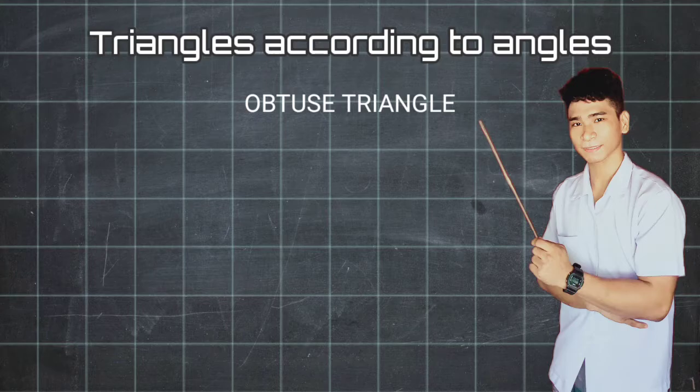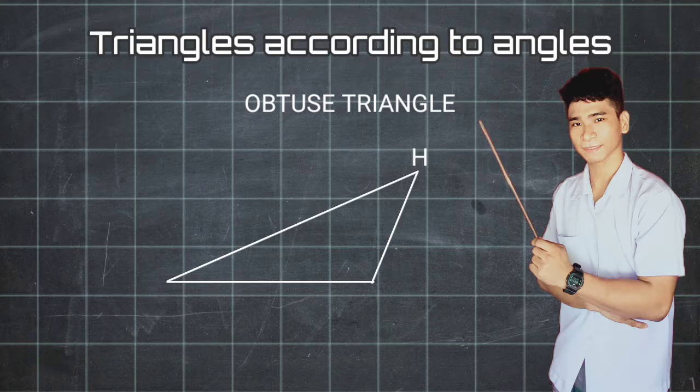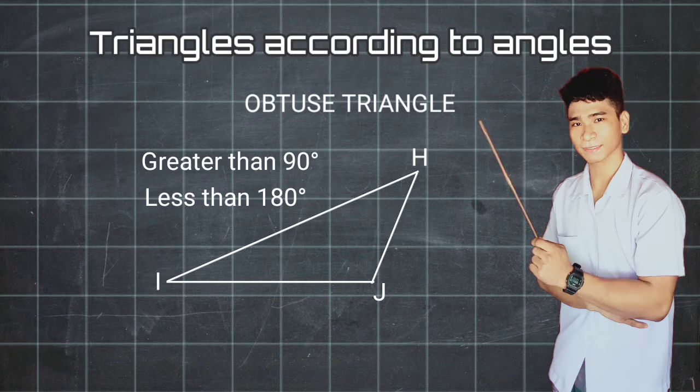Let's draw an obtuse triangle. We all know that a triangle has 3 points. So, nandito si point H, point I, and point J. Here the angle at point J is greater than 90 degrees but less than 180 degrees.